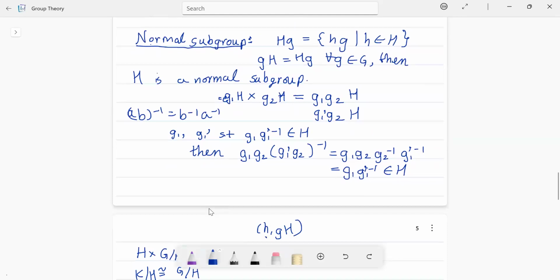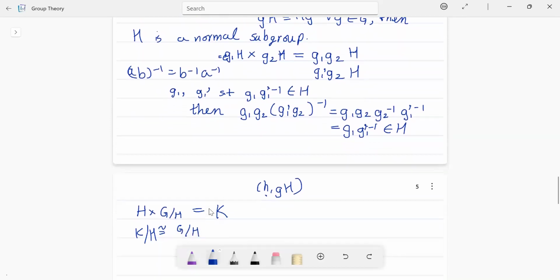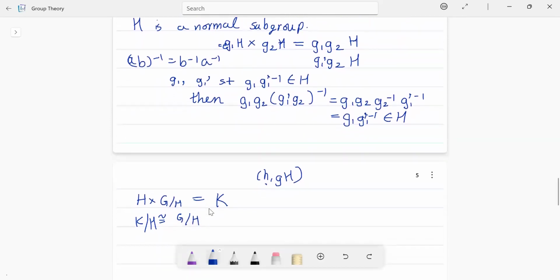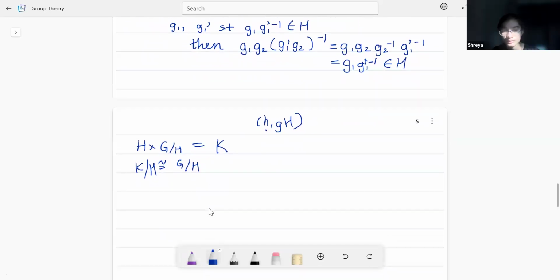Can you at least tell me, given H and G by H, how many possible sets are there which can be divided into H and G by H? It doesn't have to be finite, right?